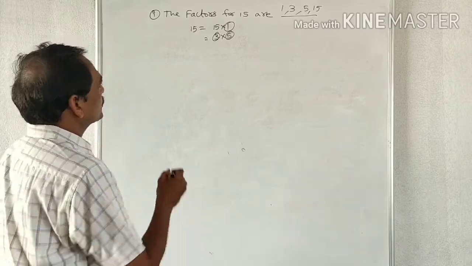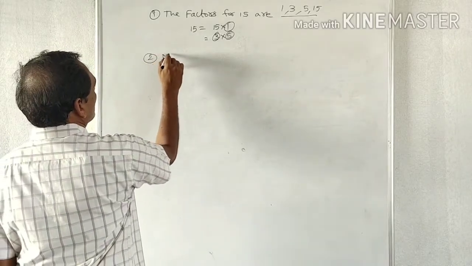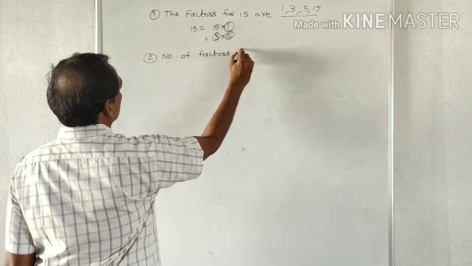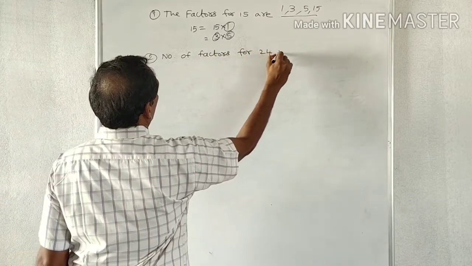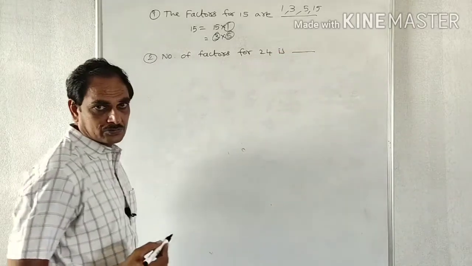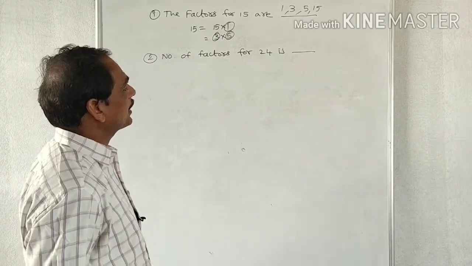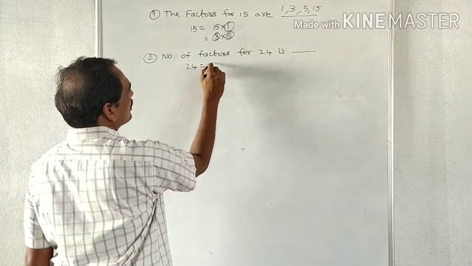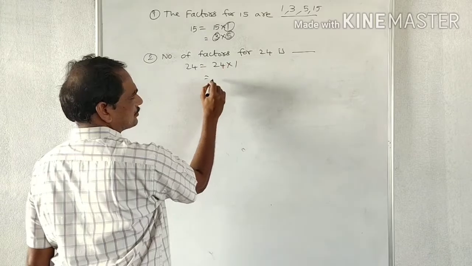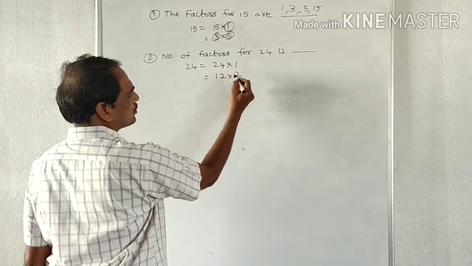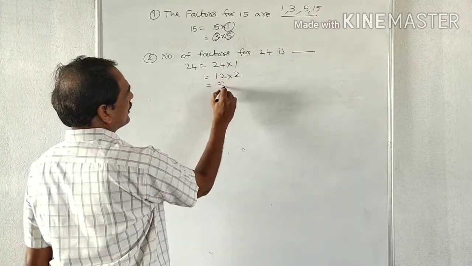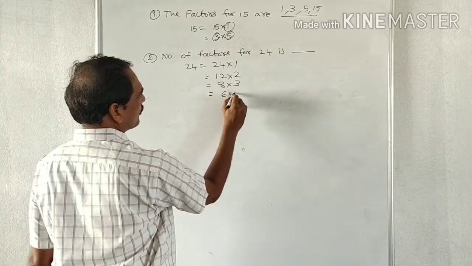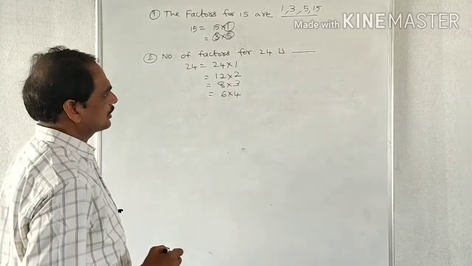Next, number 2. The problem is: the number of factors for 24 is dash. Here we have to find only the number of factors. First we write the factors of 24: 24 ones are 24, 12 twos are 24, 8 threes are 24, and 6 fours are 24.